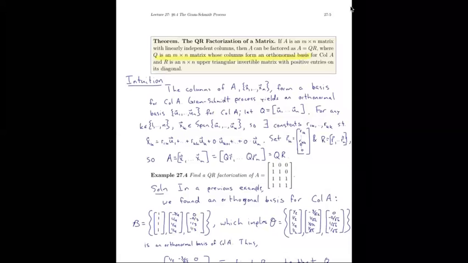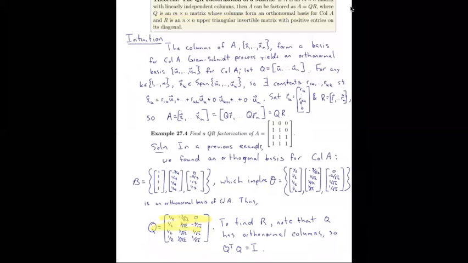Q is an orthonormal basis for the column space of A. So we've got Q handled, right? This is our matrix Q. As I argued before, to find R, we note that Q has orthonormal columns, so Q transpose Q is equal to the identity matrix. If we're sure that we've calculated this orthonormal basis correctly, then we can just trust that this is the case.